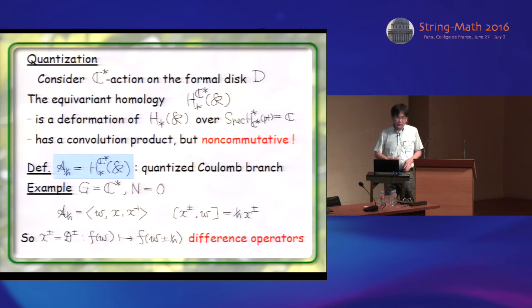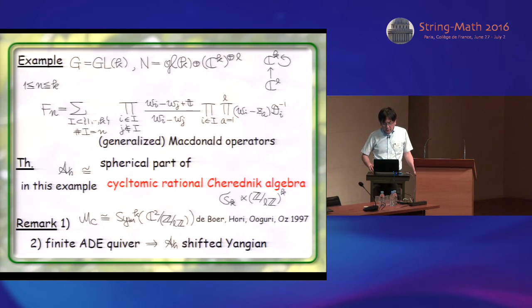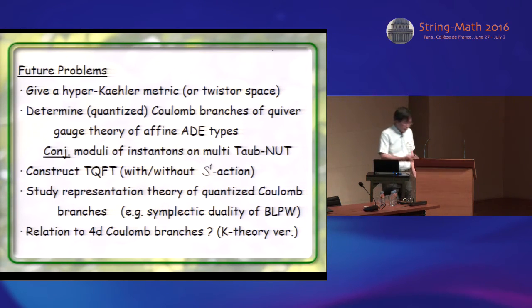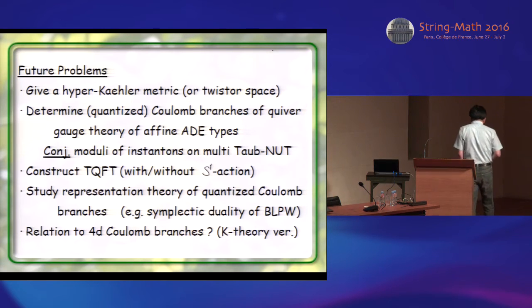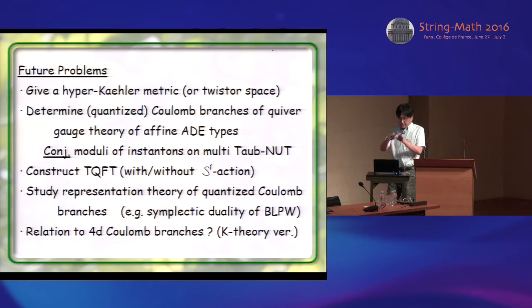Because the convolution product just needs pullback and pushforward, this makes sense for equivariant K-theory. The expectation is that the corresponding variety is the Coulomb branch for four-dimensional gauge theory, but with another complex structure, different from the moduli space of Higgs bundles. It is a complex manifold, expected to be isomorphic to the character variety. Okay, I stop now. Thank you for your attention.